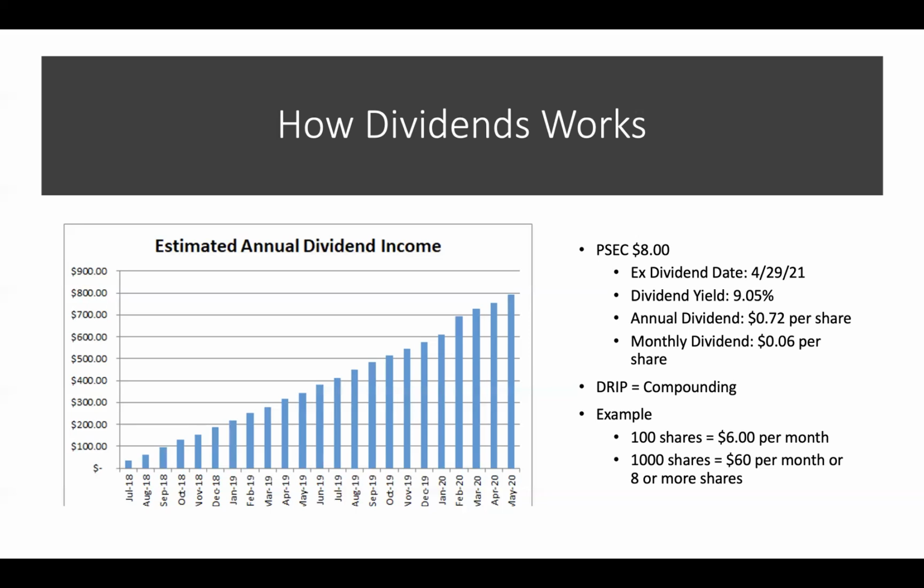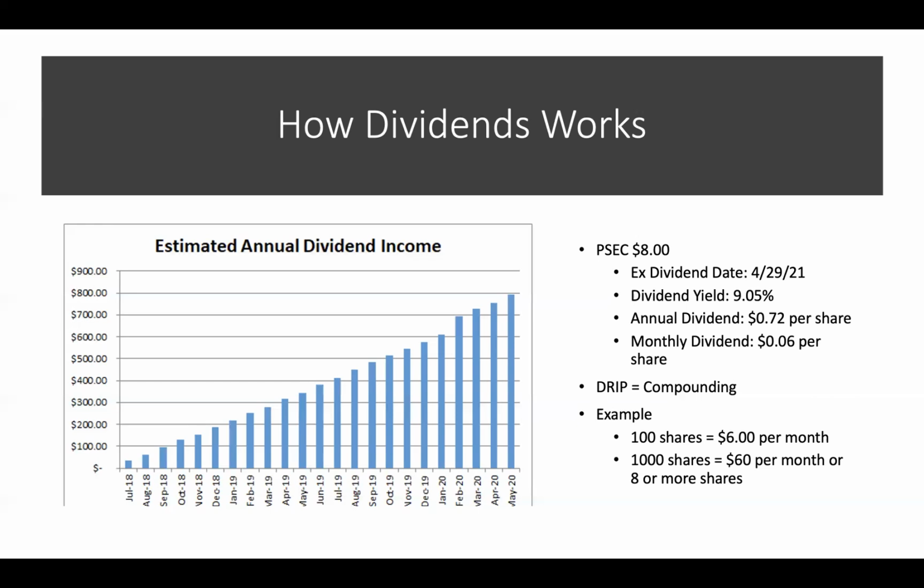If I turn on a DRIP, that $60 instead will give me 8 more shares. So the next month that comes around, instead of 1,000 shares, it's 1,008 shares. Then it's going to buy me however many shares that calculates to. So as you see, it compounds, and every month you get more and more shares.